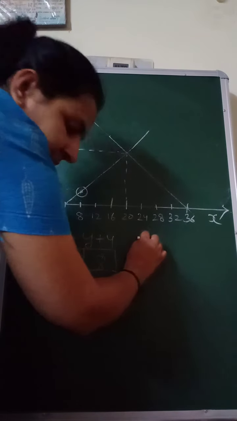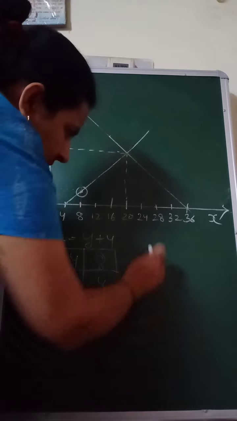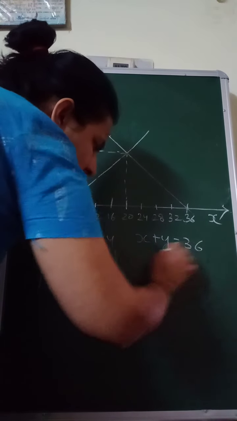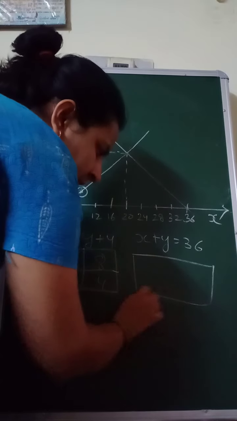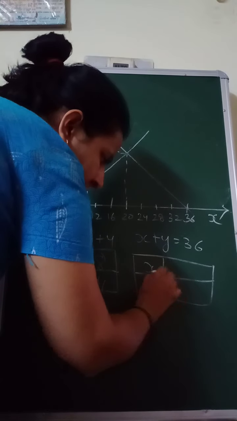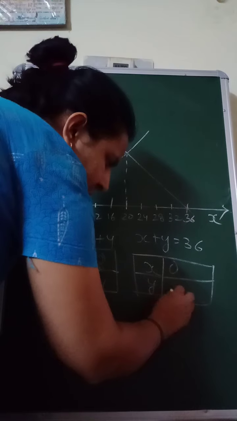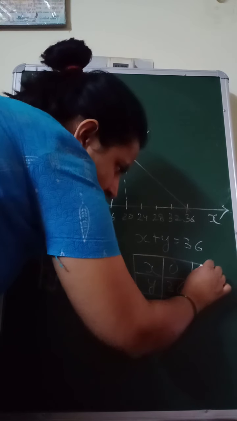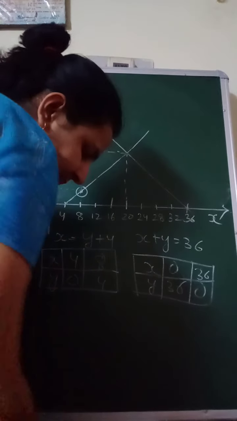The second line is x plus y is equal to 36, and the points are: if x is equal to 0, y is 36, and if y is equal to 0, x is 36.